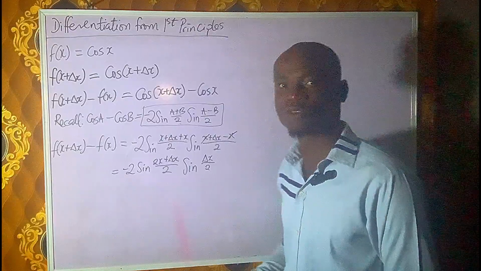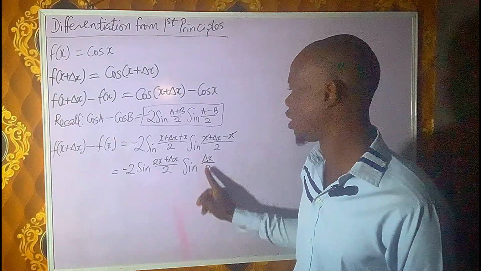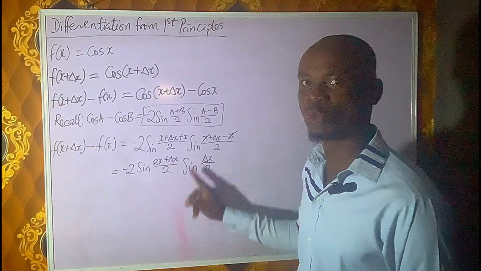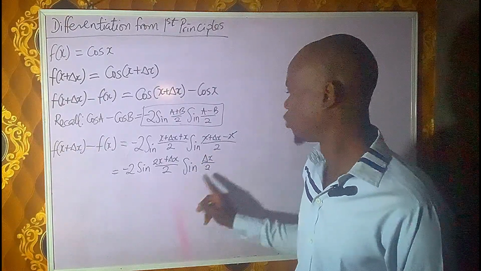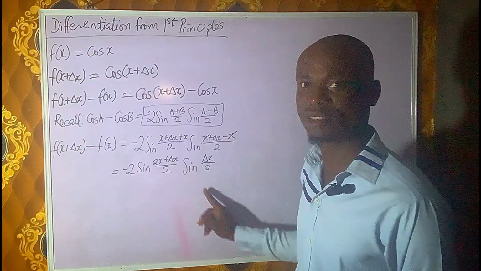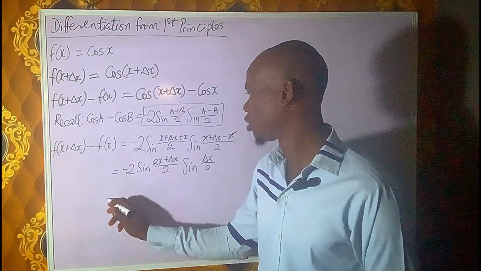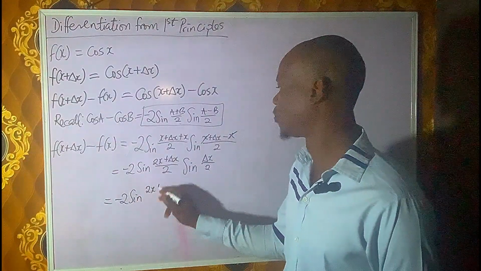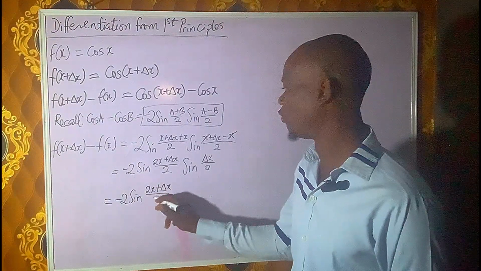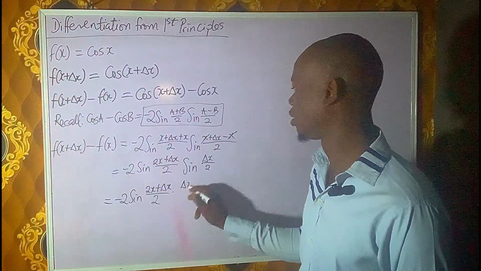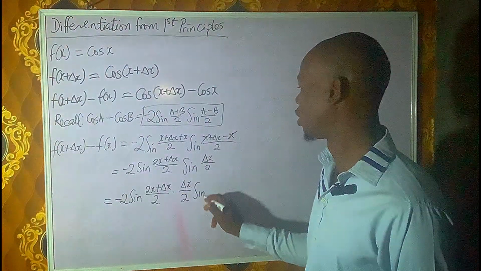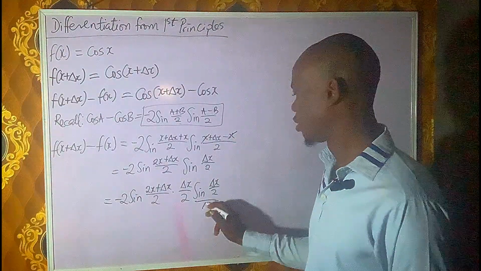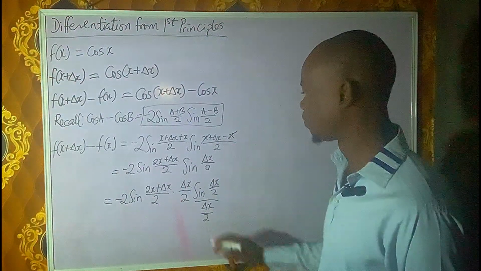Just exactly what we did when we were solving sine. We made sine delta x over 2 a special limit. Okay, drawing this knowledge from where we treated special limits, anytime we see sine, whatever it is carrying, we can multiply and divide it. So if we do that, we're going to have minus 2 sine of (2x plus change in x) all over 2, times delta x over 2 times sine of delta x over 2, all over delta x over 2.